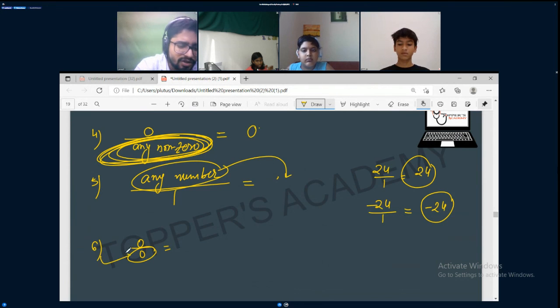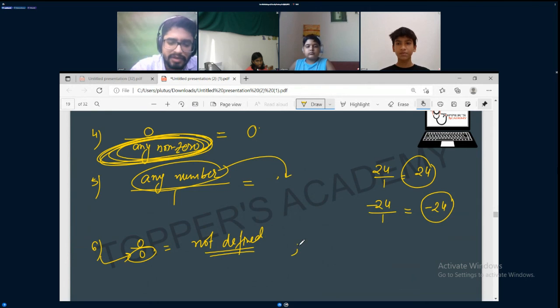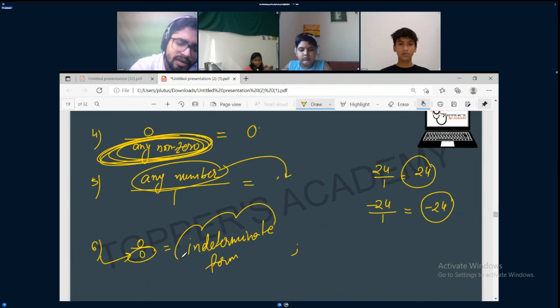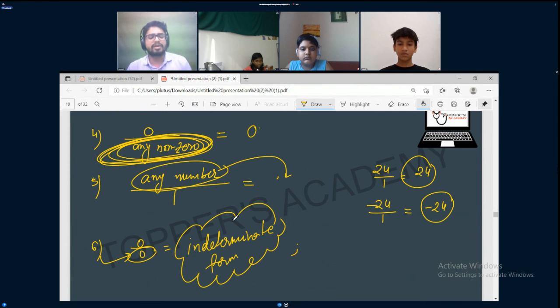If you have 0 in your denominator, then this is not defined. You can say this is an indeterminate form. You cannot tell the value of 0 by 0, and you cannot say the value of 0 by 0 is 0.